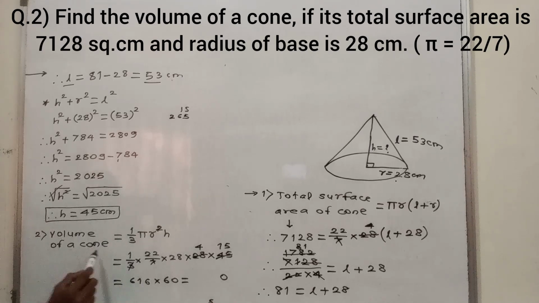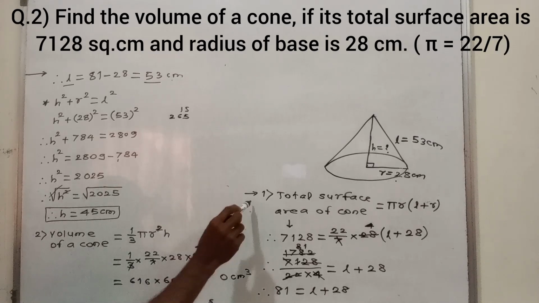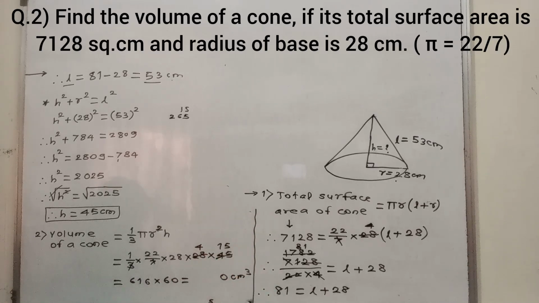This is volume, no? In centimeter, so we write centimeter cube. See here carefully. 6 6s are 36, 6 1s are 6 and 3 is 9. Therefore 36,960 centimeter cube.